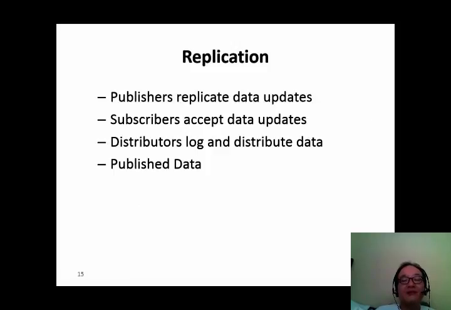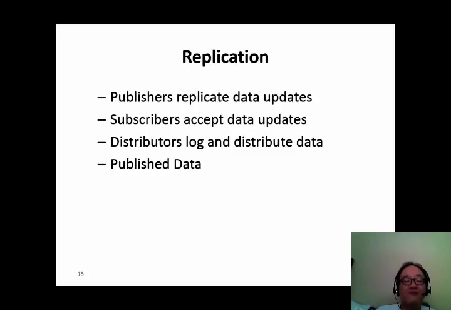Replication is commonly used to synchronize secondary copies of a database with the primary copy. There are several roles for replication. Publishers are the primary database. Subscribers are the secondary database.